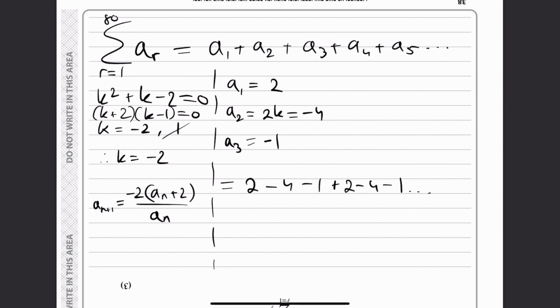What's this going to be? Basically, you can see this is going to continue. R is 1, R is 3. It's going to carry on. So if I add 4, let me think of this. Let's see. 80 minus 4, that's 76.